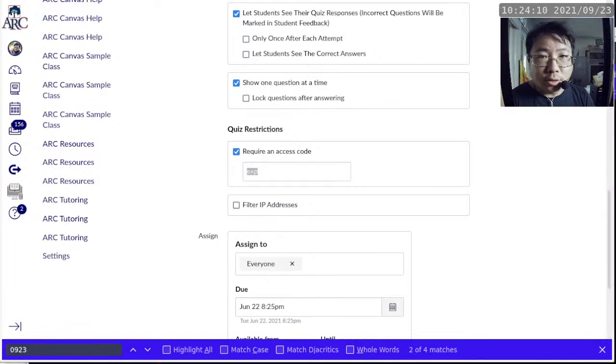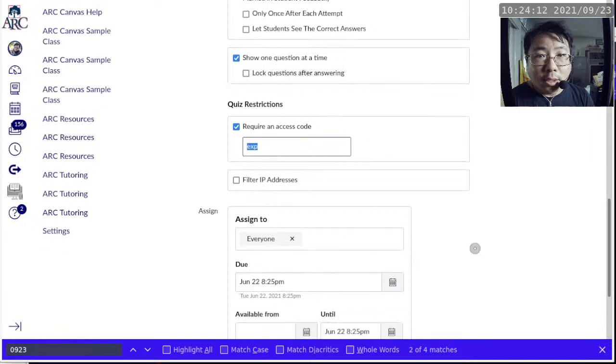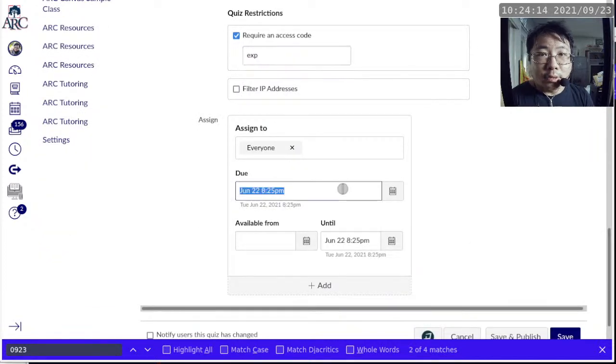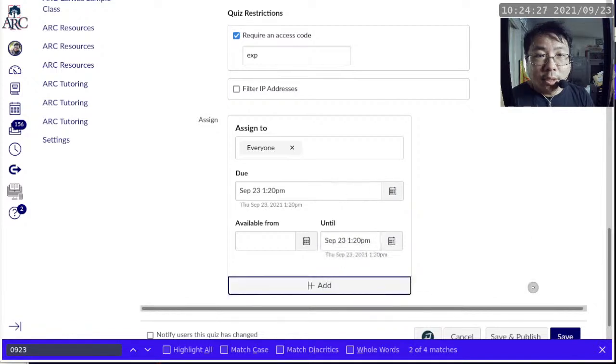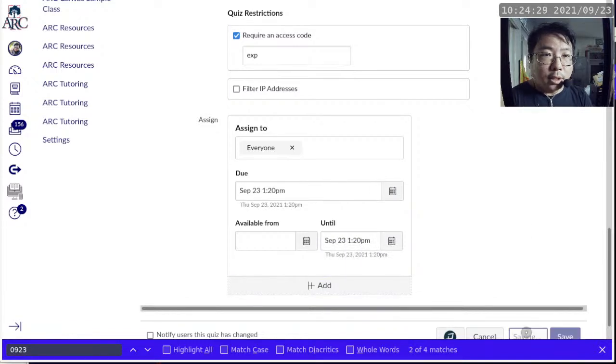I put it into the text channel, and then I'm going to adjust the due date, which is 1:20 p.m., and save and publish. There we go.